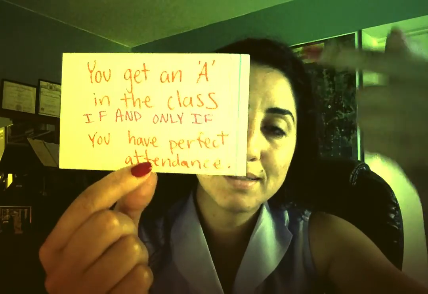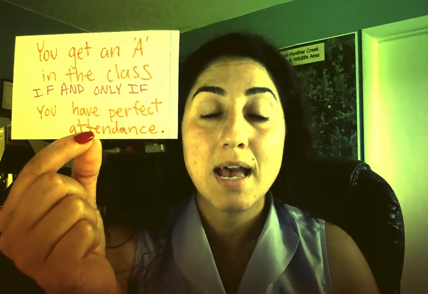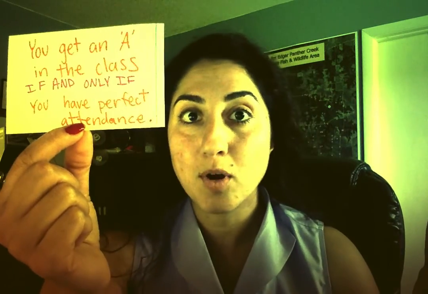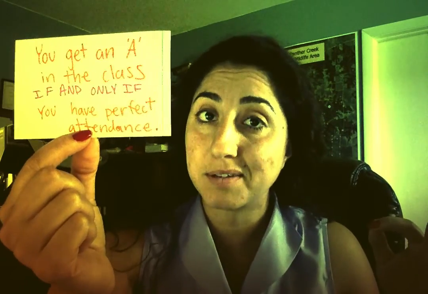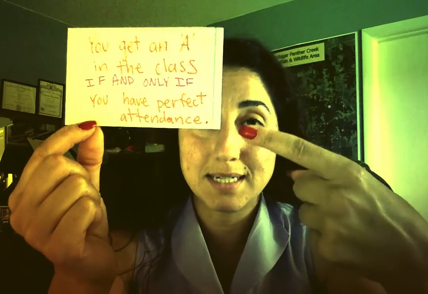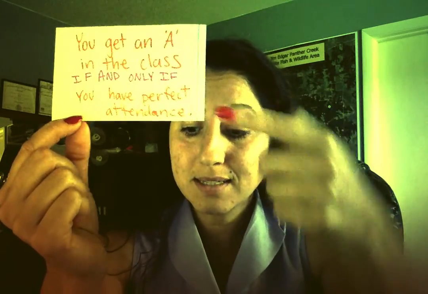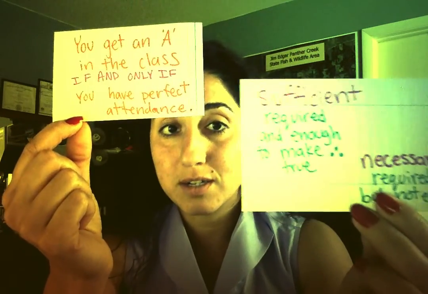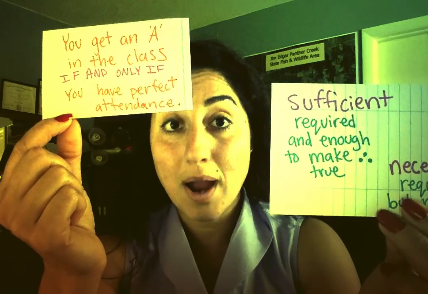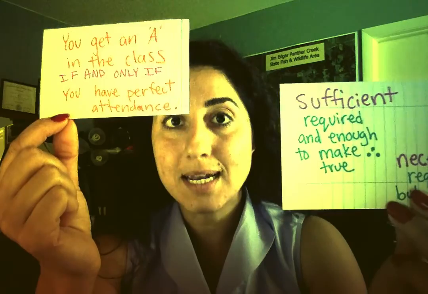This statement says that even if you failed all your tests, even if you did no other homework, it is possible for you to still get an A. Because you get an A in the class if and only if you have perfect attendance. Meaning, if you have perfect attendance, then you have done everything that is required of you and everything that is enough to get an A.